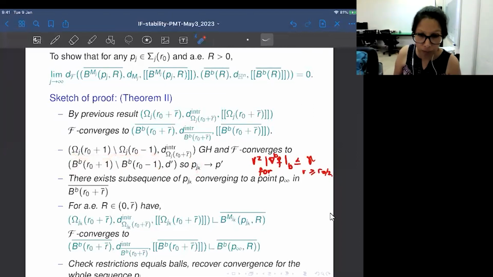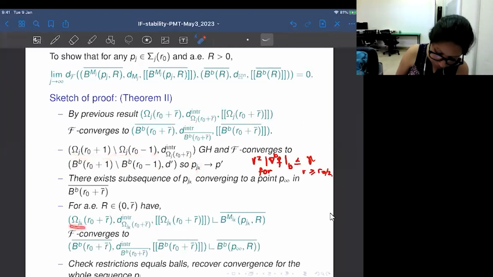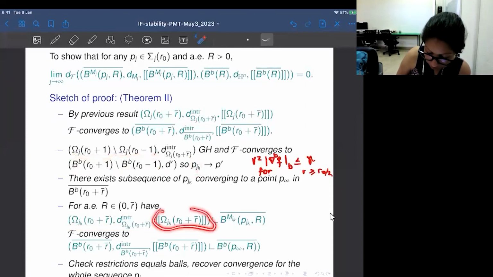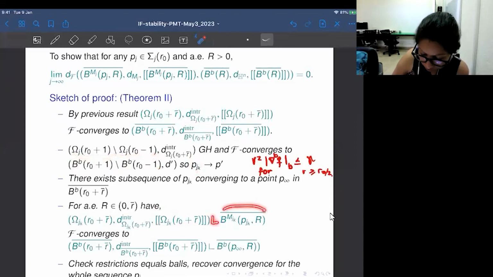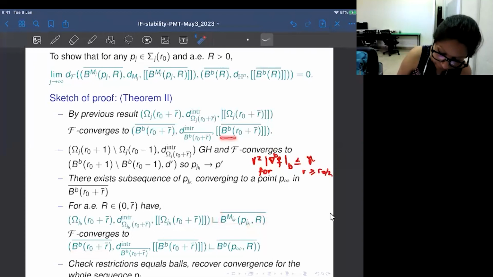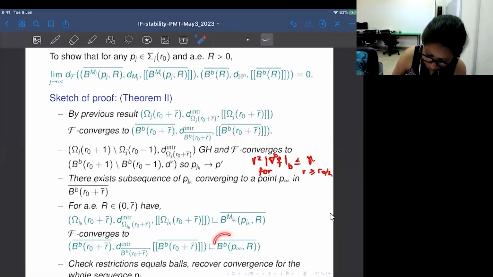Okay, and so now we have convergence of these regions. We can take the restriction of this current to these balls, and they are going to converge to the hyperbolic ball restricted to this ball, centered at this point P infinity, because we have a convergence of Pjk to P infinity.